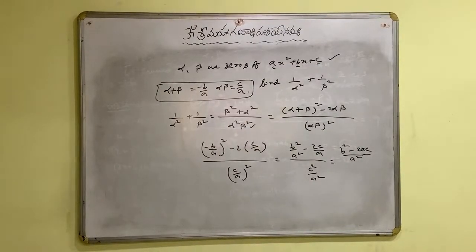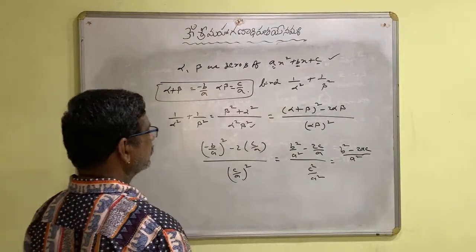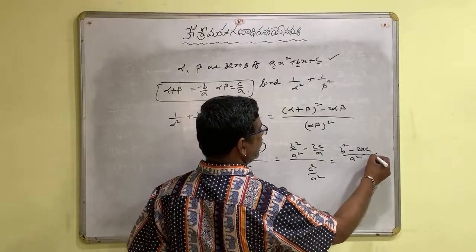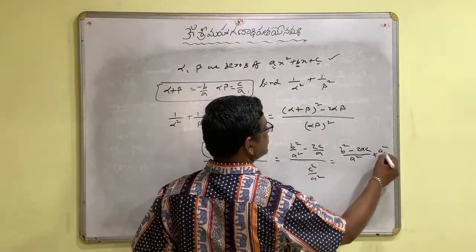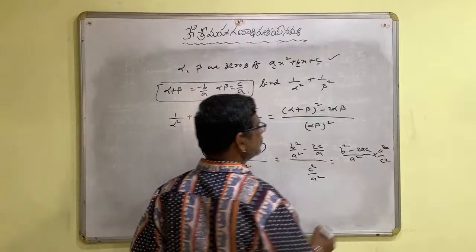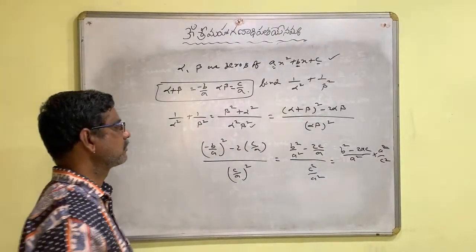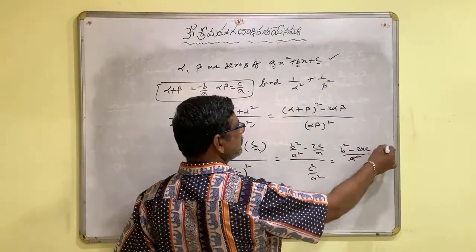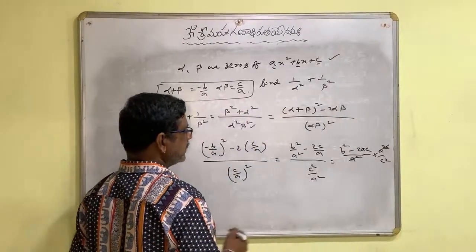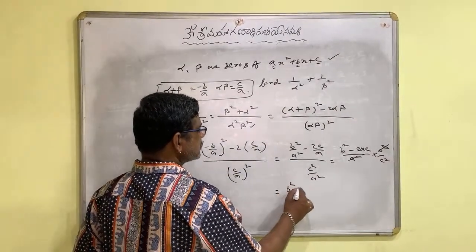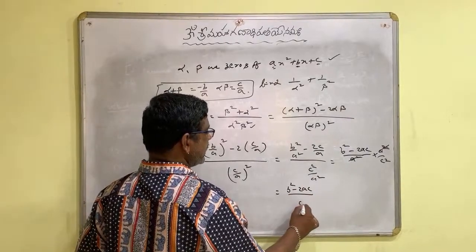Okay? And the numerator gets the denominator reversed: a square by c square. So a square gets cancelled. What is remaining? B square minus 2ac by c square.